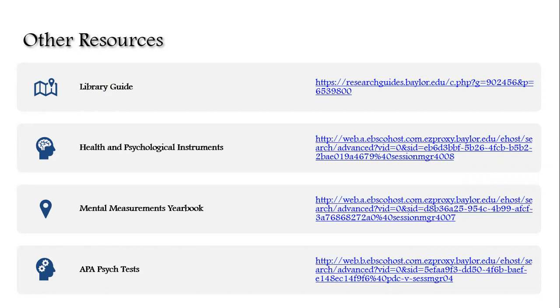Her name is Sine Wood, and she has put together a library guide that provides some additional insight on how to go about searching for assessment tools as well. So these are some other resources you can use if you're interested in this topic and want to better understand what assessment tools are out there. This is another set of resources for you.